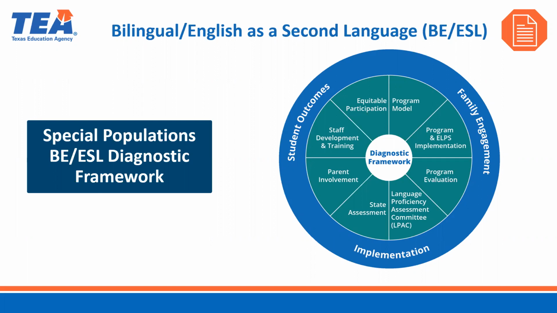The system of general supervision incorporates the TEA commitment to continuous improvement, transparency, and accountability in a way that emphasizes the connection between general supervision activities and improved student services and outcomes.